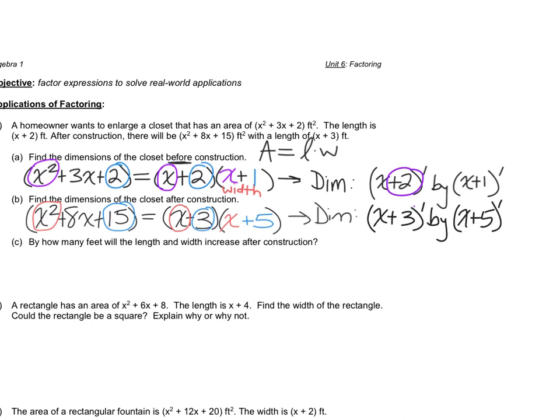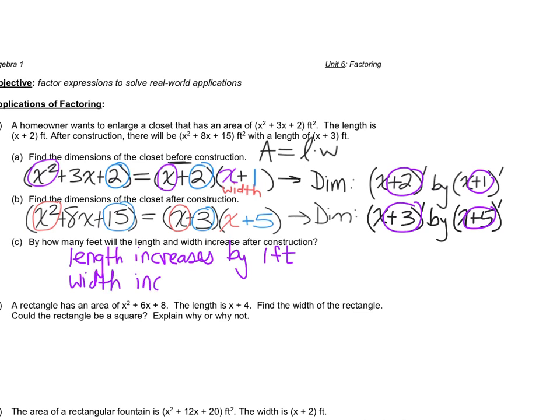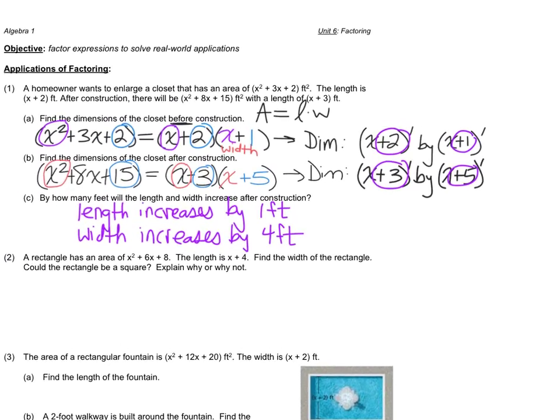So 2 becomes 3, so the length increases by 1 foot, and 1 becomes 5, so the width increases by 4 feet. Right, because everything else remains the same.